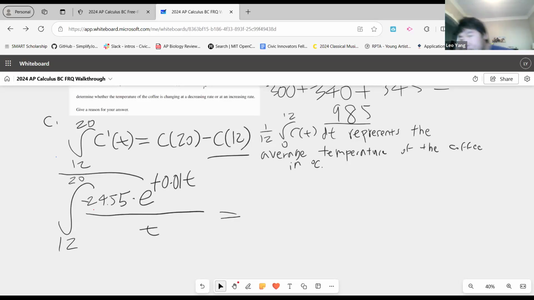All right, I'm back with my calculator now, and we're going to evaluate this integral. I kind of forgot how to use this already, but we'll figure it out.